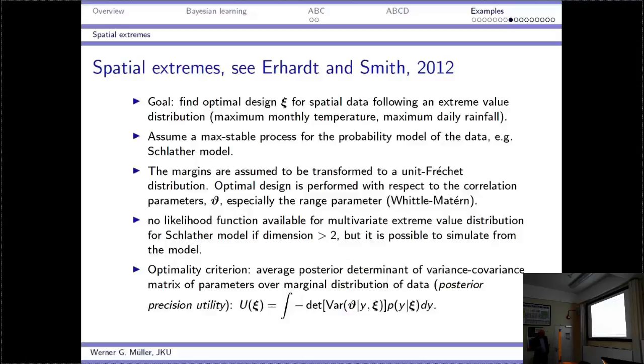So now we need an optimality criterion. We can again do several things. Here we decided to use the determinant of the posterior variance-covariance matrix of the thetas, but if it's just one parameter, I think eventually we just use the range parameter and the inverse variance, which will be our utility function, or in Bayesian terms, we're using the posterior precision as the utility function.